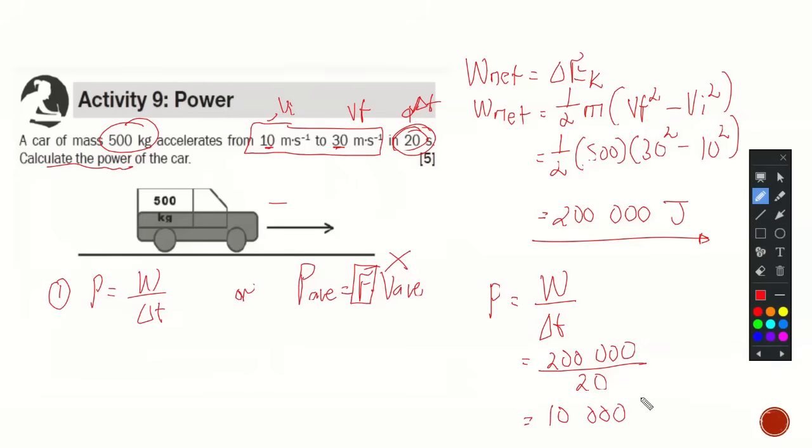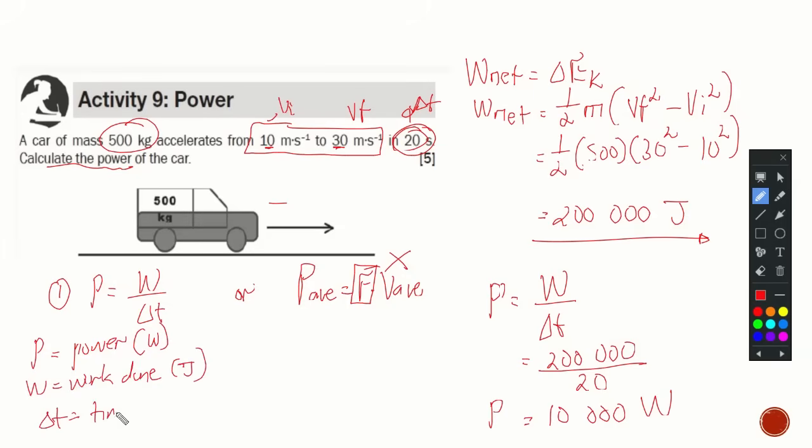Watts. Remember, the SI unit for power is watts. So P is the power given in watts, W is the work done given in joules, and delta T is the time given in seconds.